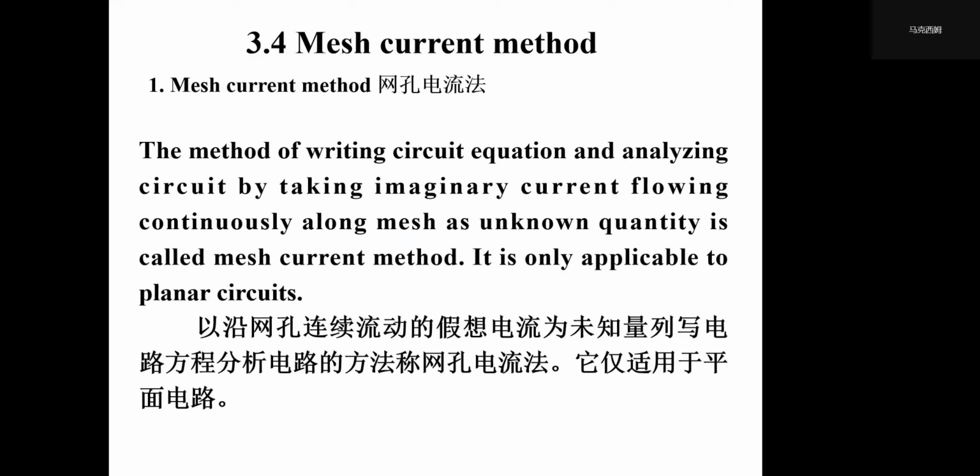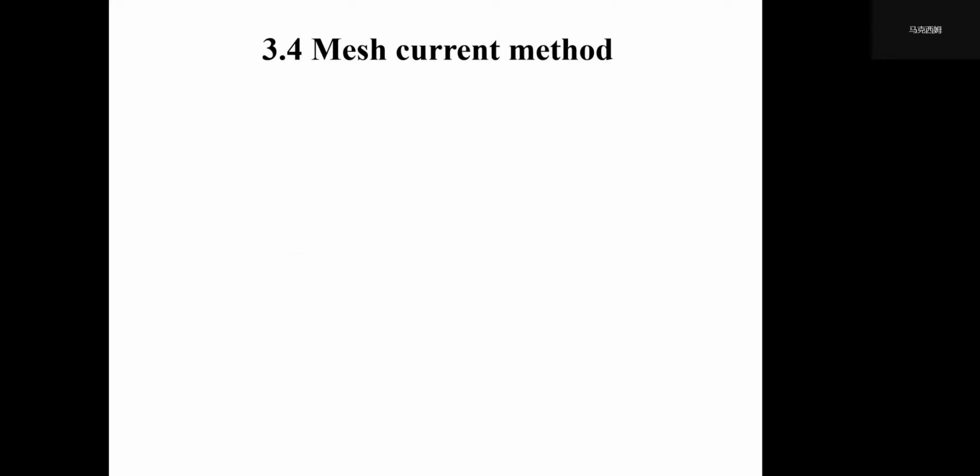So we assume that the current continuously flows through the mesh, and we take those imaginary mesh currents as unknown variables to list the circuit equations. So it's only useful for planar circuits.